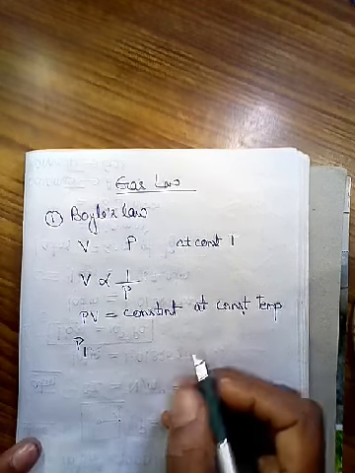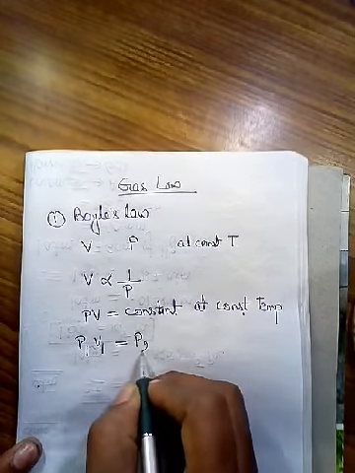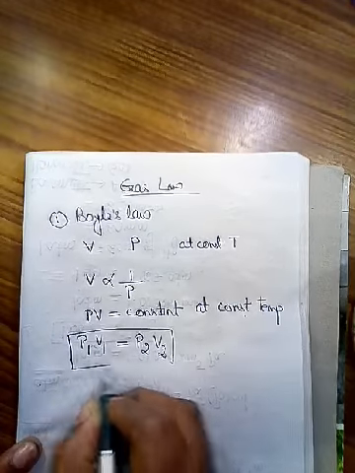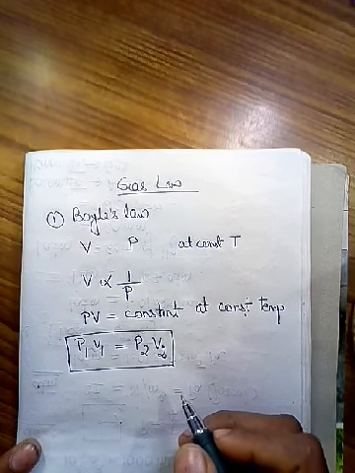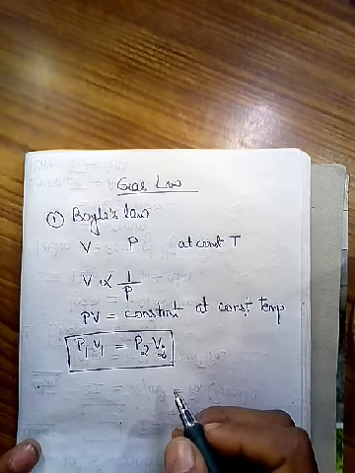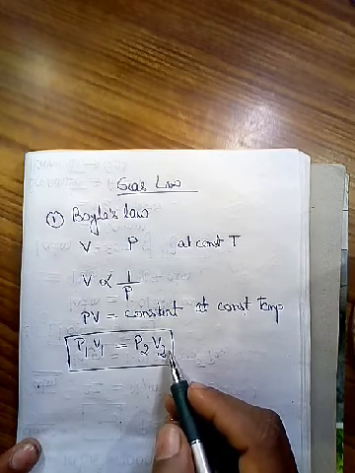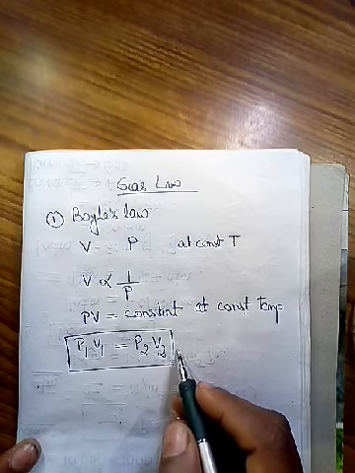Then according to Boyle's law, P1 V1 is equal to P2 V2. So this is required for solving numericals. Out of these four, any three will be known and one can be calculated.